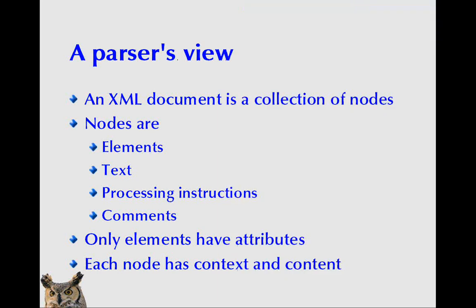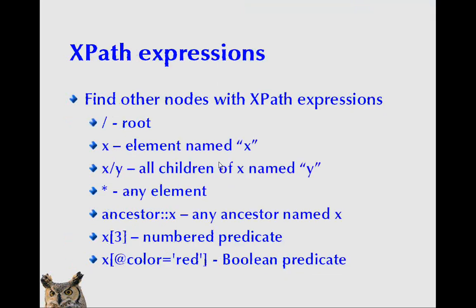And this is important in XSL because XSL, the language itself, is based mostly around a concept called XPath expressions. An XPath is quite similar to a DOS file path, or a file path in any computer file system.